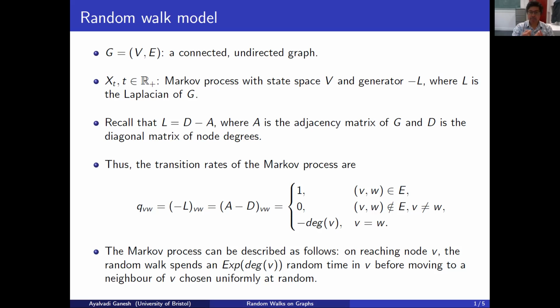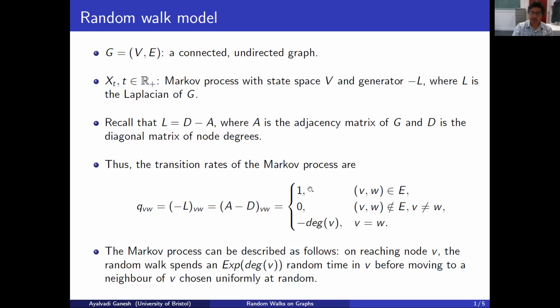So one description puts the clocks on the states and says the clock on the state rings after a random exp(minus QVV) time. And when the clock rings, you take the transition from V to W with probability QVW divided by minus QVV. So that's one description. Another description puts the clocks not on the states, but on the transitions.